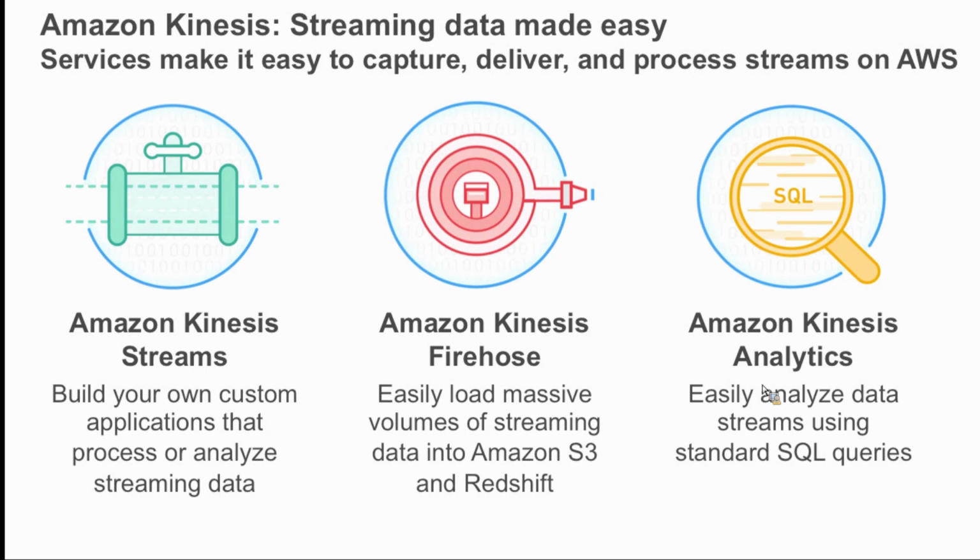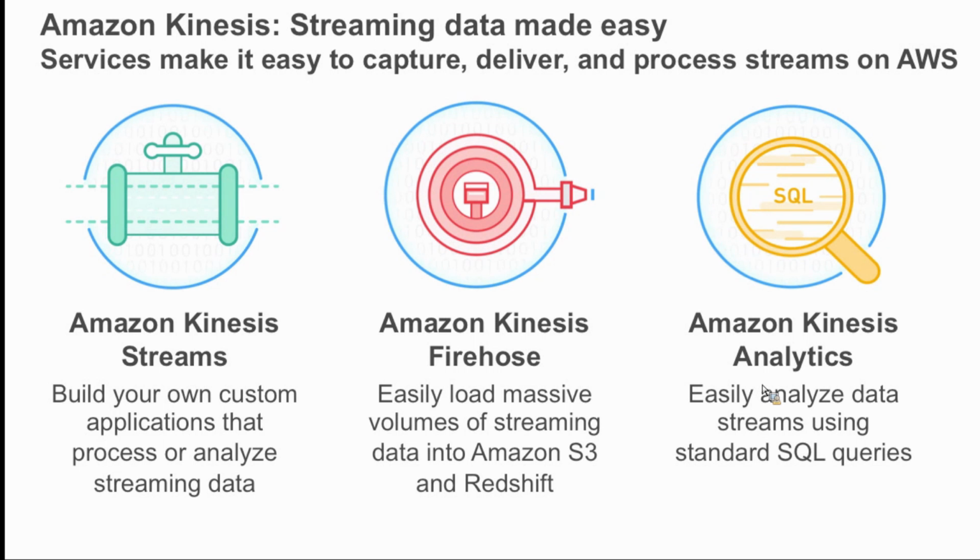Streams is designed to be very flexible, giving you the ability to make custom producers that put data into Kinesis and custom consumers that pull data out of the streams. Firehose is designed for simplicity, but also automatic scalability, but it delivers data today to S3 and Redshift.